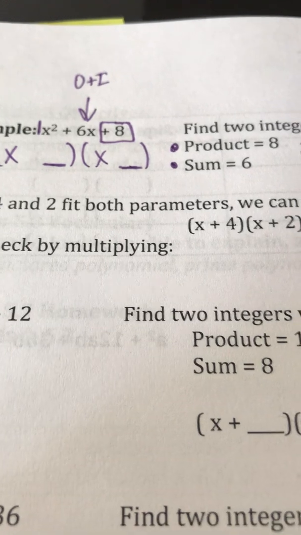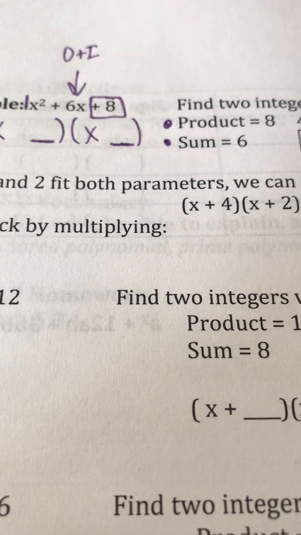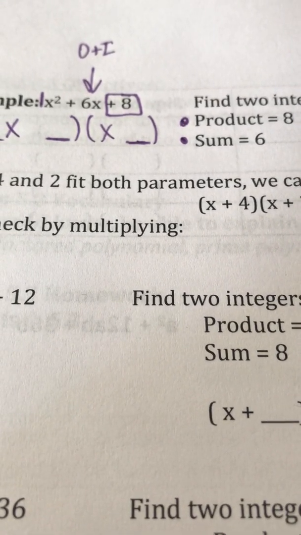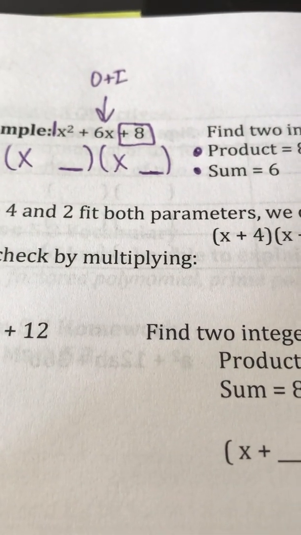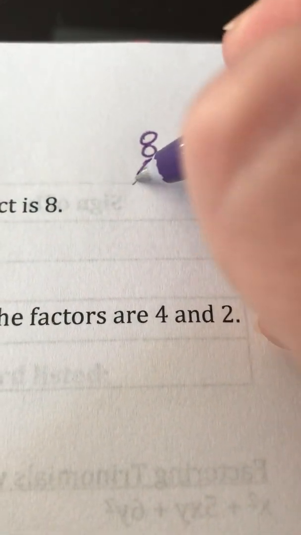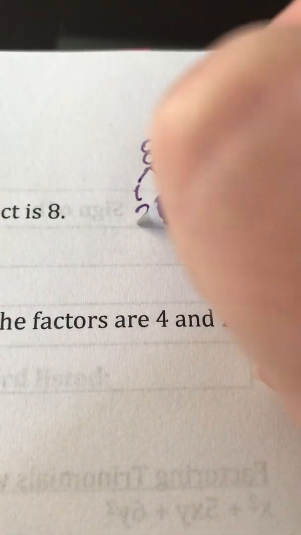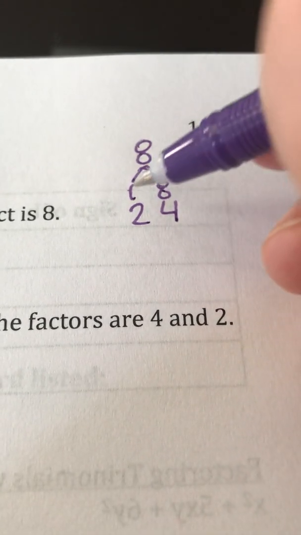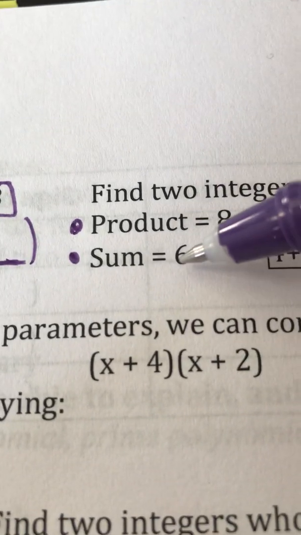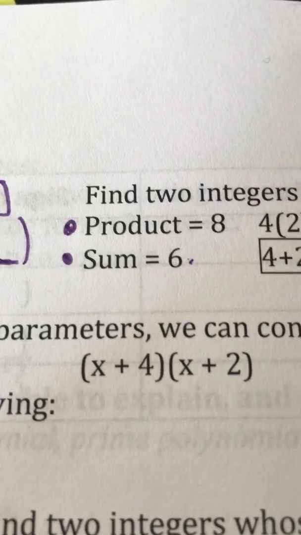Because remember, this middle term is the sum of the outside and the inside, right? Okay, so once we know that we need a product of 8 and a sum of 6, we're going to consider all of the factor pairs of 8. If we want a product of 8, we can have the factors 1 and 8, or 2 and 4. Now the other part was that in addition to a product of 8, we need a sum of 6.